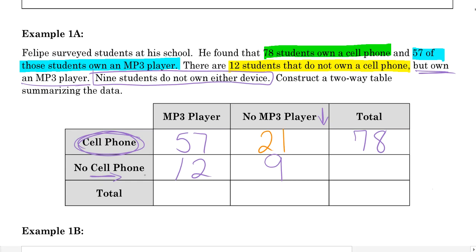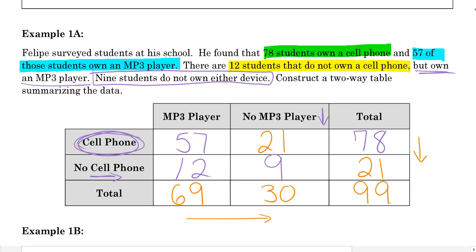If I look at my no cell phone row, 12 plus 9 is 21. And then if I add my columns, 57 plus 12 is 69, 21 plus 9 is 30, and then regardless if I add my total going down or my total going across, I should get 99 as my ultimate total of students surveyed.